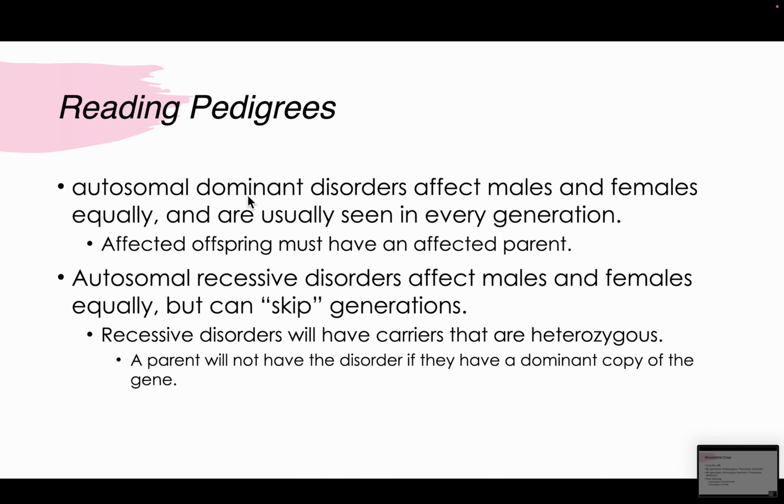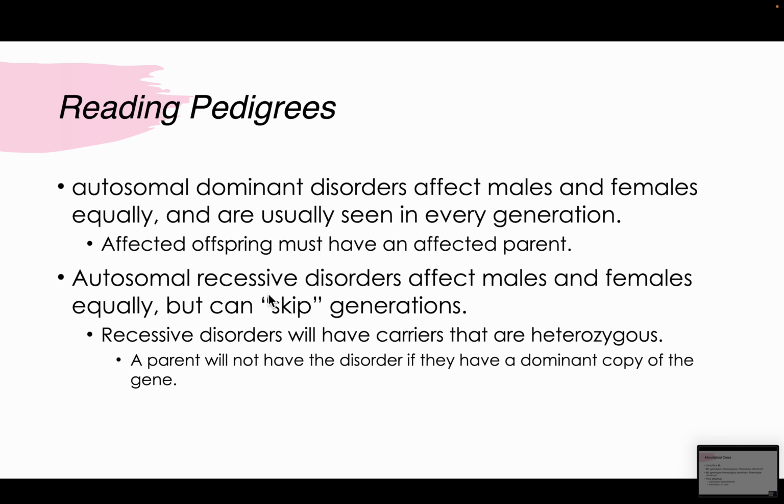If something's a dominant trait, you usually see it in every generation or extremely frequently. If your parent has the trait, there is a high chance that you are going to have it, but you may not necessarily have it. However, if you do have it, at least one of your parents has to have it.